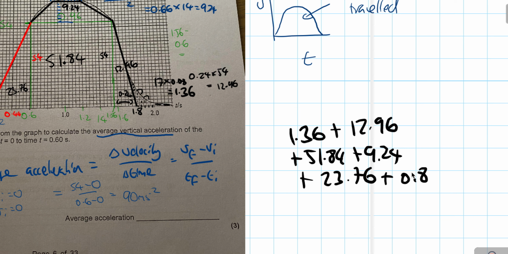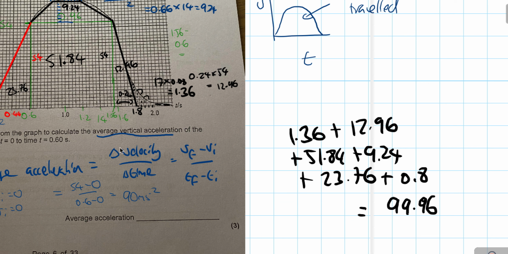So that is equal to 99.96. And that would give us our total area underneath the curve.